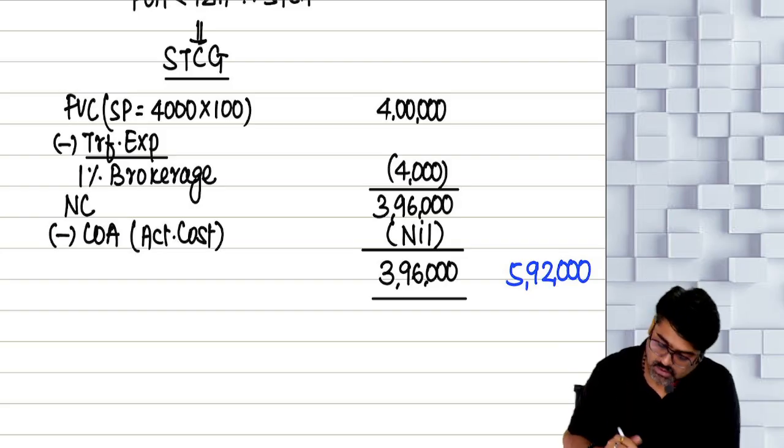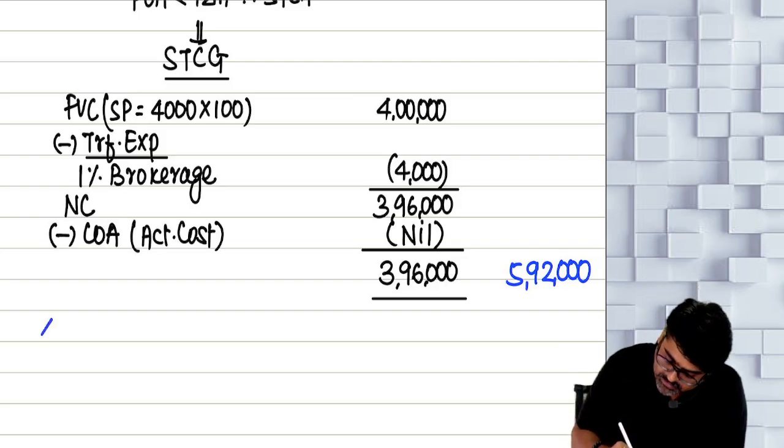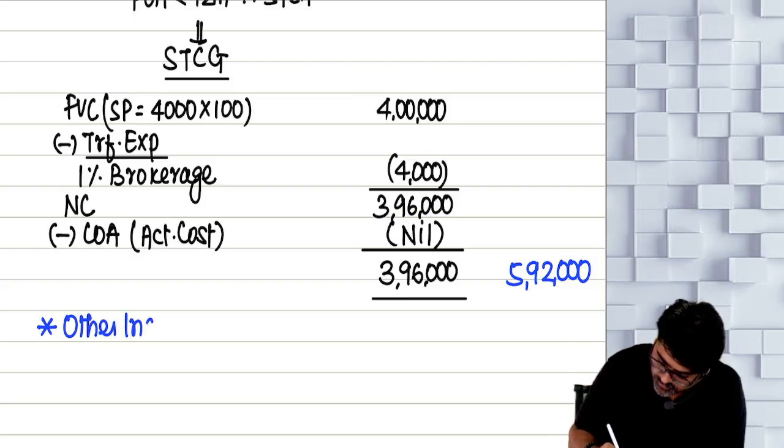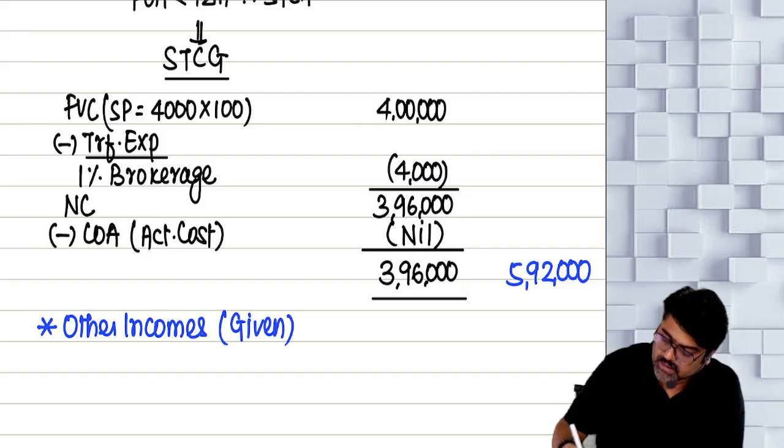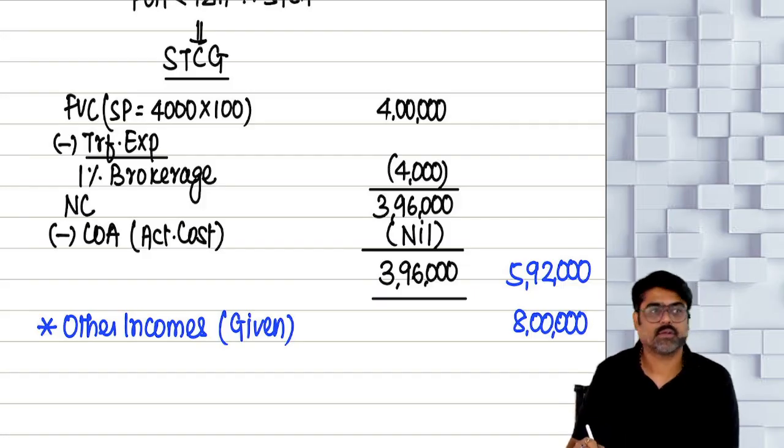Okay, no? Now should I write other incomes? Other incomes given in the question only. And other incomes are normal incomes. Taxable at what rate? Normal rates, under section 115BAC. It depends on the type of regime followed.